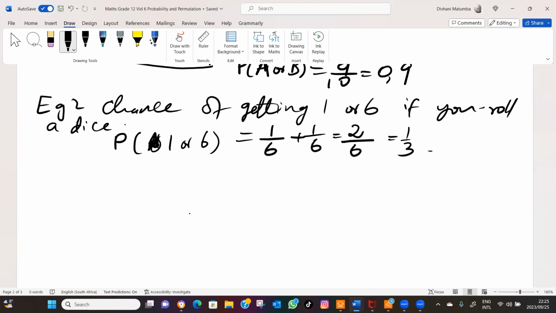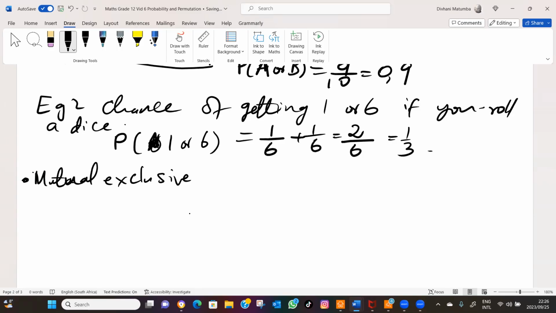Now, there are some definitions that are worth noting. When there's a mutually exclusive event, if two events don't cross, then that's a mutually exclusive event.